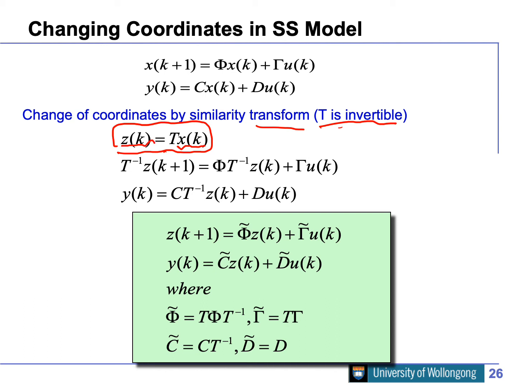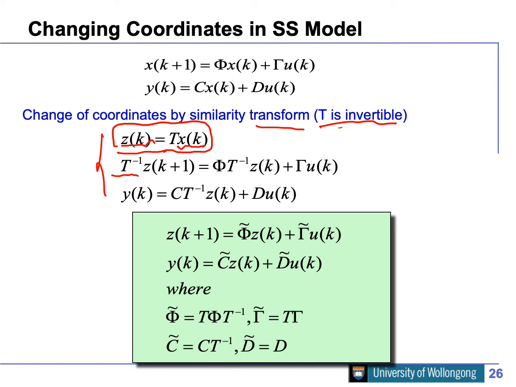And if you get a different T, you can represent it in a different way. So this is basically saying as long as T is a full rank matrix, so that T inverse exists, then you can always do this. You can convert from one form of the state space representation to another different form.